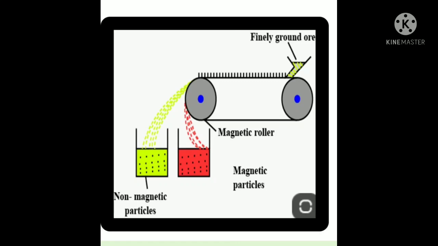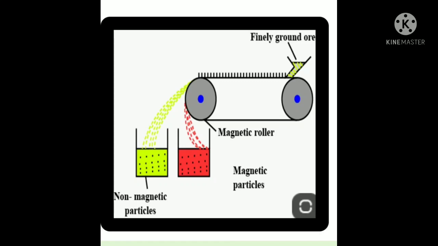Here in the diagram you can see it consists of two conveyor belts which rotate around two metal wheels. On that we have to load the finely ground ore. So what happens? This finely ground ore rotates around the two metal wheels, of which one is magnetic.